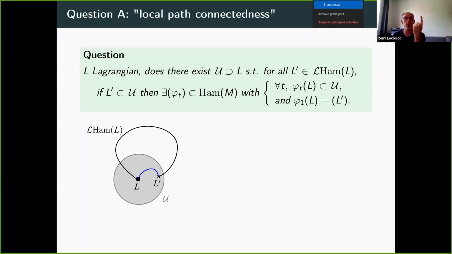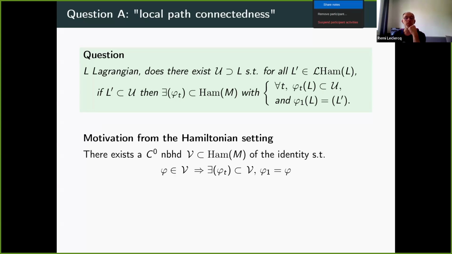The first one is that I really wanted to use this property, and that's a good motivation for trying to prove it. The second one comes from the Hamiltonian setting, where you have the same question. You take the identity and you wonder if there is a C0 neighborhood of the identity such that if your Hamiltonian diffeomorphism is there, then it can be connected to the identity staying inside the neighborhood.